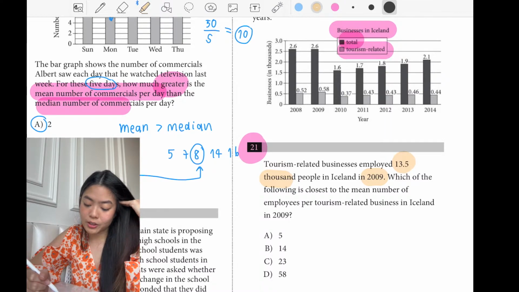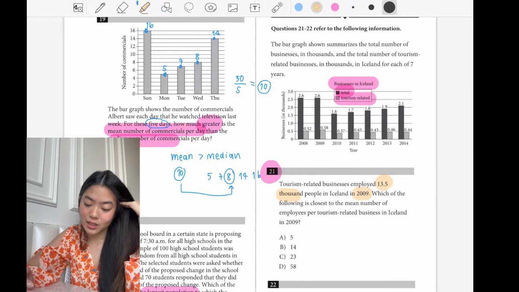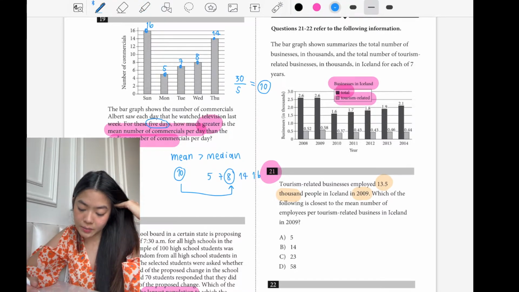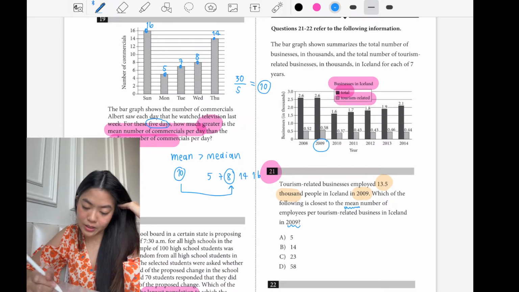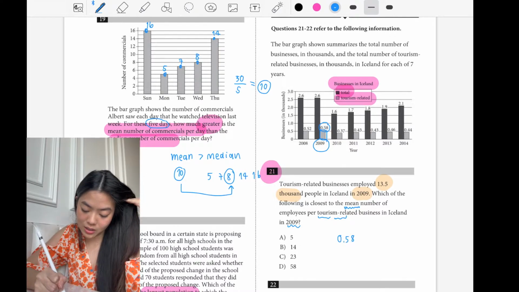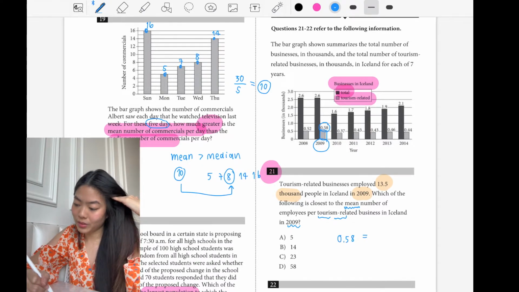Which of the following is closest to the mean number of employees in 2009? From here we want to find the mean number in 2009, which is here, and the mean number for tourism related is the one here, 0.58. Therefore it's going to be the mean.